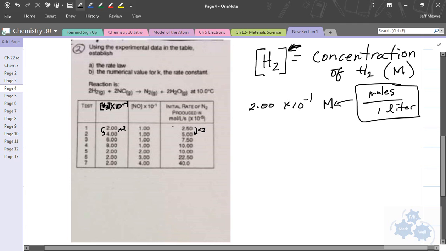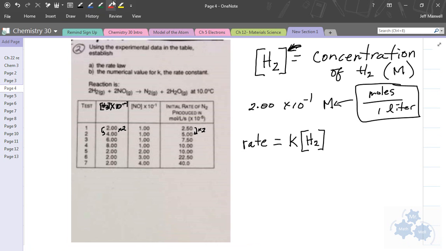And what this tells us is that the rate is directly proportional to, and we're going to say that there's some kind of constant, the change in hydrogen concentration. So we've got that so far.